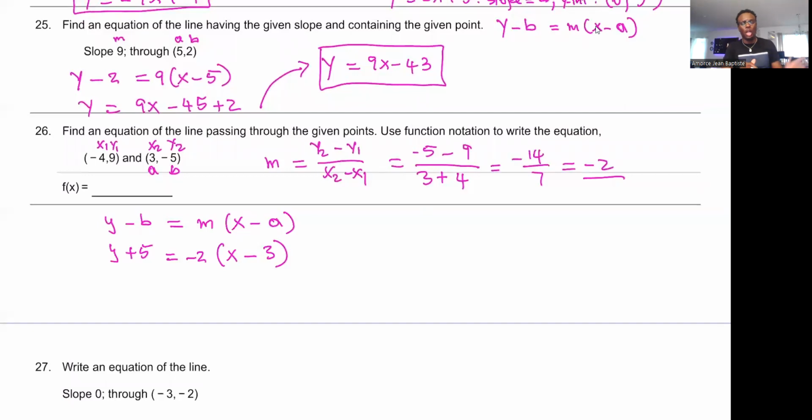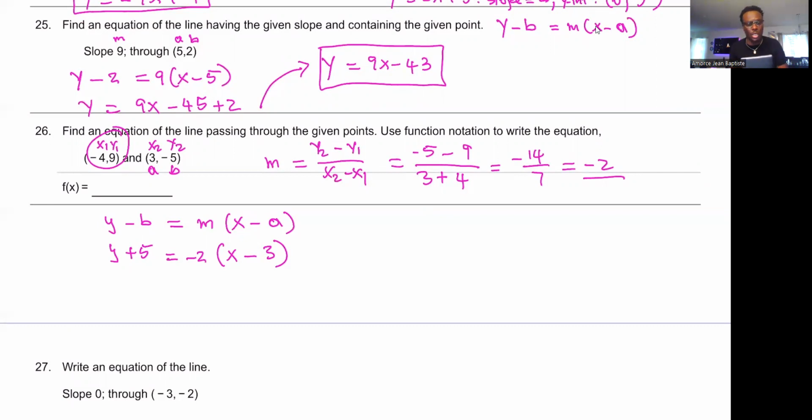But don't worry, if you use this point right here, your answer will not be different. That's why you have the freedom to decide which one of the x1, y1 or x2, y2 you're going to use as A, B in your formula. It does not matter which one you use.